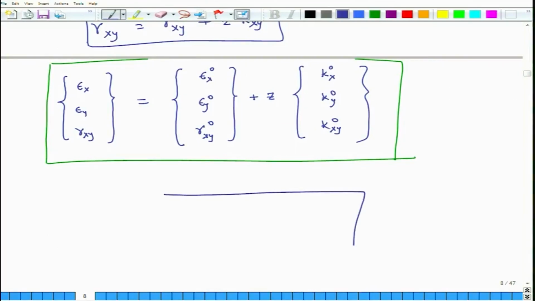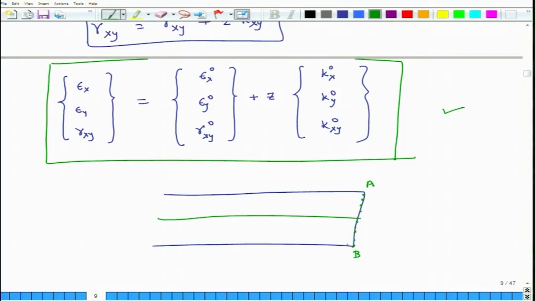That if this is a plate and if I know the strain at the mid plane epsilon x naught, epsilon y naught and gamma x y naught, and I also know the mid plane curvatures, then using this relation I can calculate strains at all the positions on this entire axis, on this entire line segment AB, because for each point all I have to do is measure the value of z and plug in the value to calculate epsilon x, epsilon y and gamma x y, if I know the mid plane strains and mid plane curvatures.